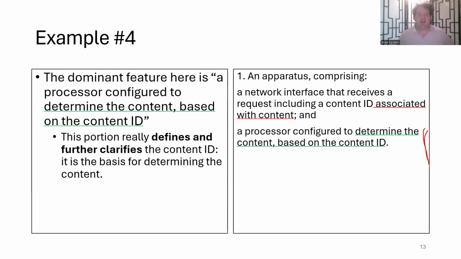Brian, what's a content ID? It's the basis for determining the content. Okay. And so this aspect of "associated with content" doesn't really have any meaning anymore because it's dominated by the determination of the content based on the content ID.